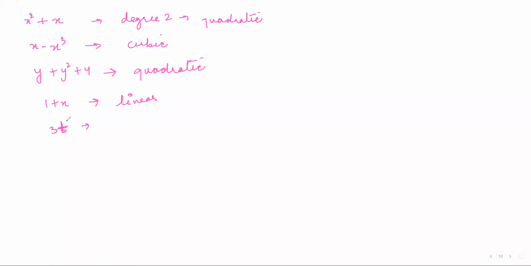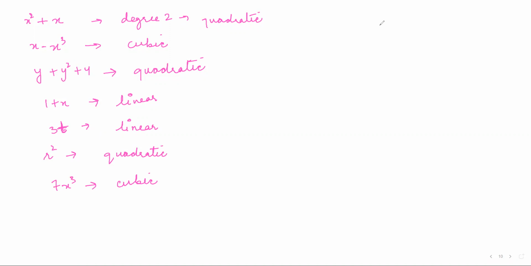So it is having a degree 1, which is linear. r square. What is it? Quadratic. And 7x cube. Cubic. Right. So according to the degree, these are the names.